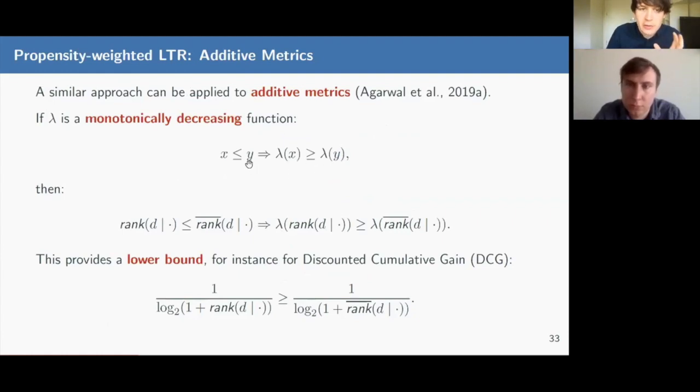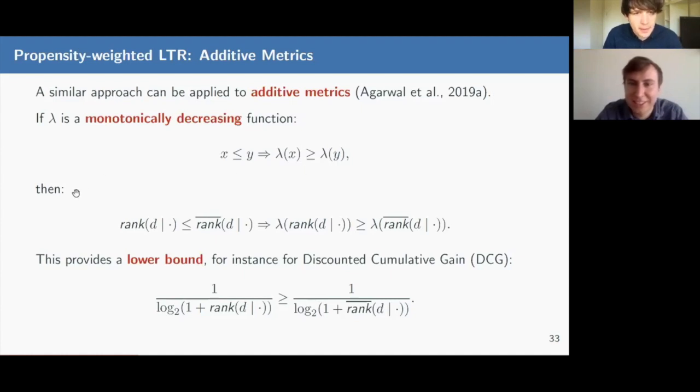So y is greater or equal, but lambda y is smaller or equal than lambda x, is the idea. And of course, for a lot of ranking functions in evaluation, it looks like this, right? For DCG, the lower your rank is, or the further down the ranking you are, the less of a score that you receive. So a lot of our IR metrics are actually based on these monotonically decreasing functions.